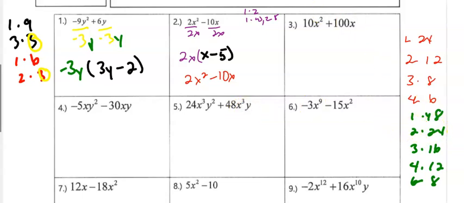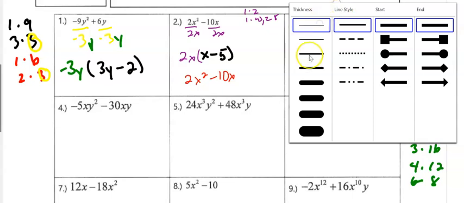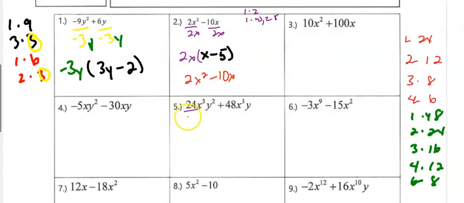So let's divide both terms here by 24. Now we got x cubed and x cubed, so we'll also divide by that. And then y squared and y, so we'll just go y here. So our greatest common factor is going to be 24x cubed y.